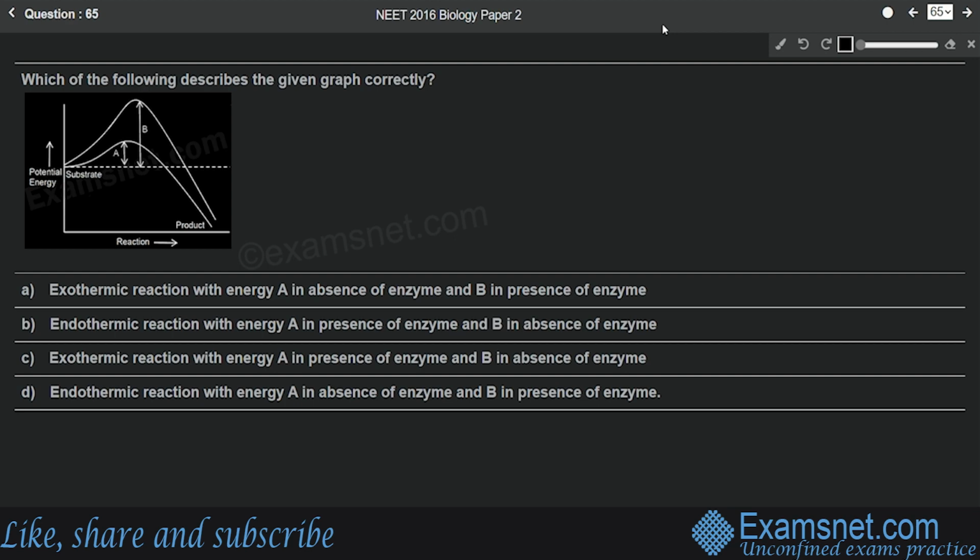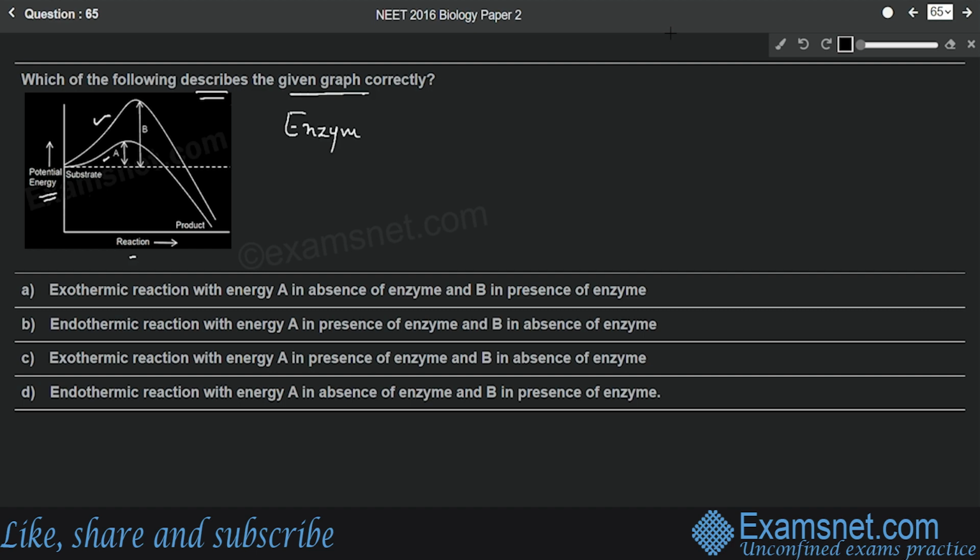Question number 65 is again from the chapter Biomolecules, and the question is, which of the following describes the given graph correctly? In the graph we can see the potential energy of a reaction. There are two graphs of the same reaction, that means different conditions are considered, and basically it is related to the enzyme.